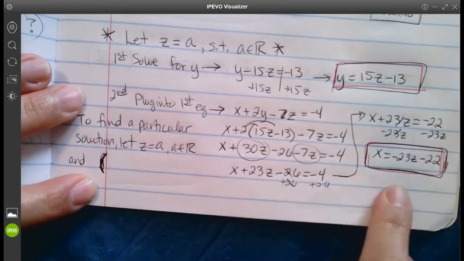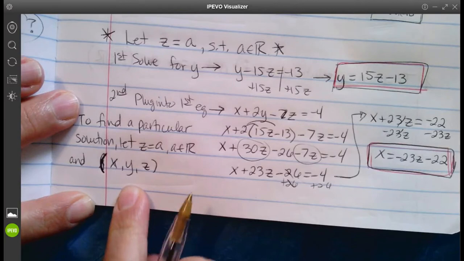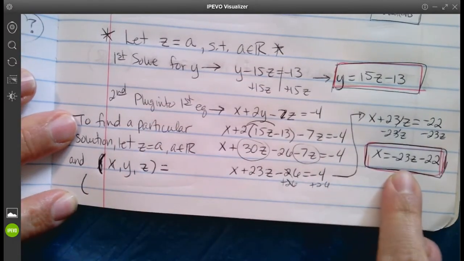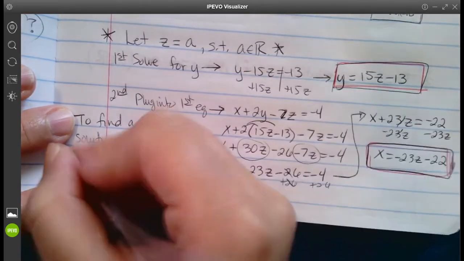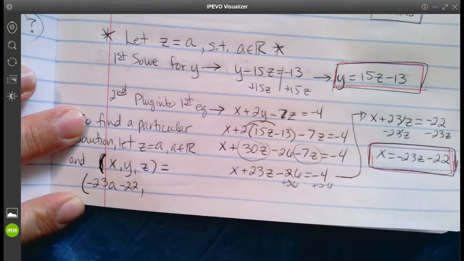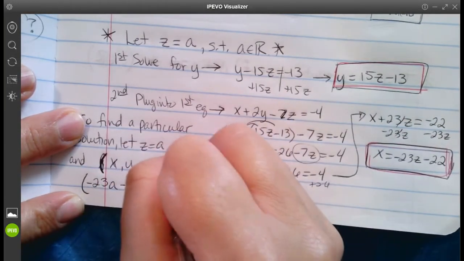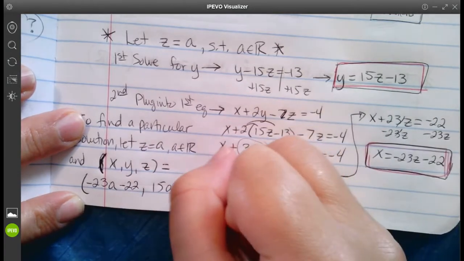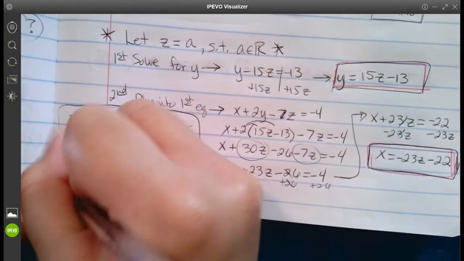Okay, so x, y, and z, that's usually our solution, right, is equal to, well, x is going to be equal to this guy right here, negative 23, but instead of z, I'm going to use a, negative 23a minus 22. Instead of y, I'm going to use this one, 15a minus 13. And for z, I'm going to just use a. And this will give us a particular solution.